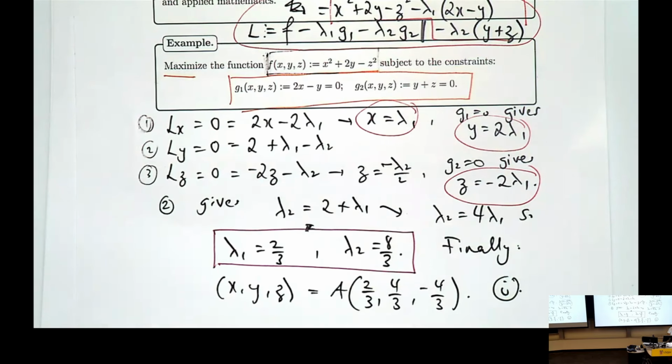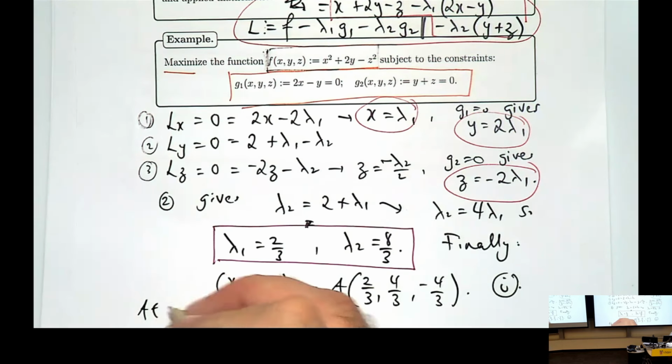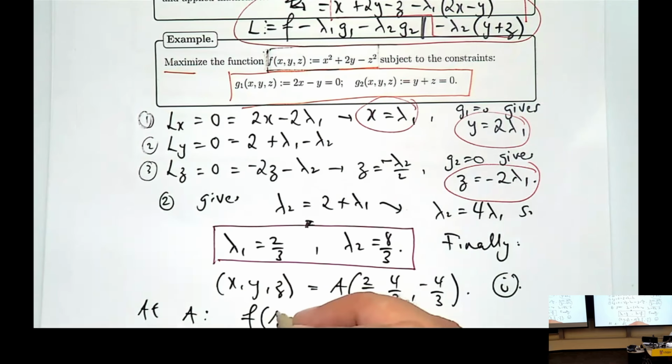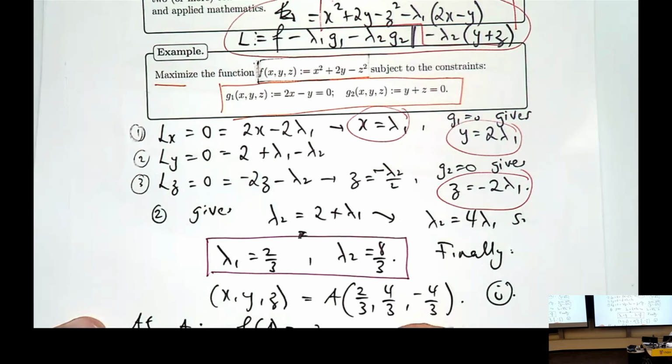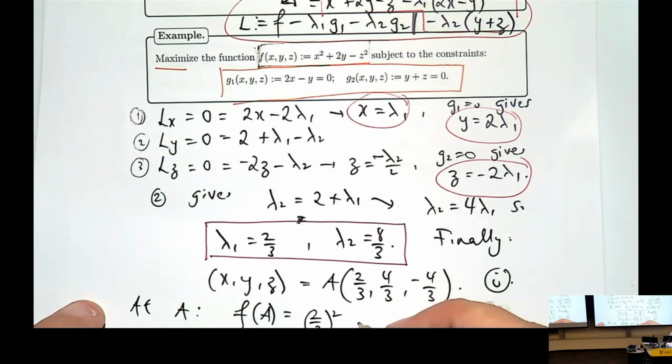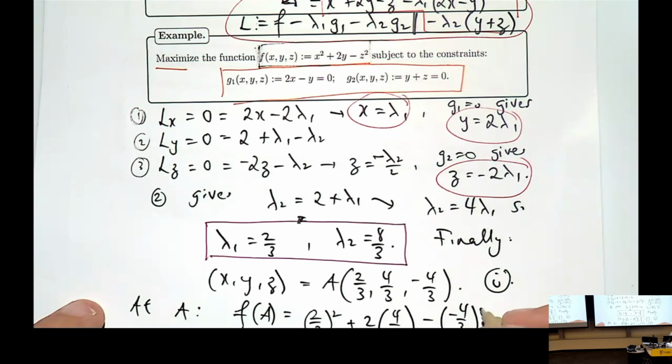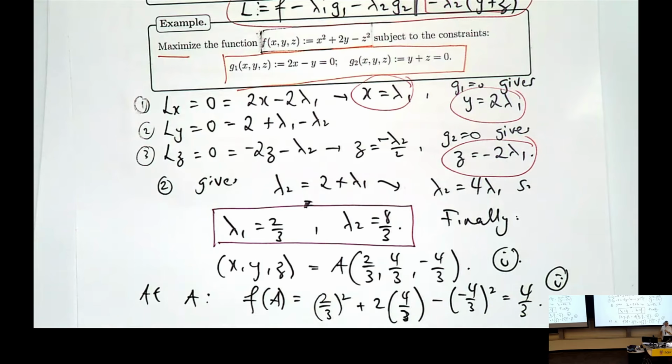So what is the question asking us to do? Maximize the function. That's the point that'll maximize the function, and so at A, you can work it out. I think that's what I got.